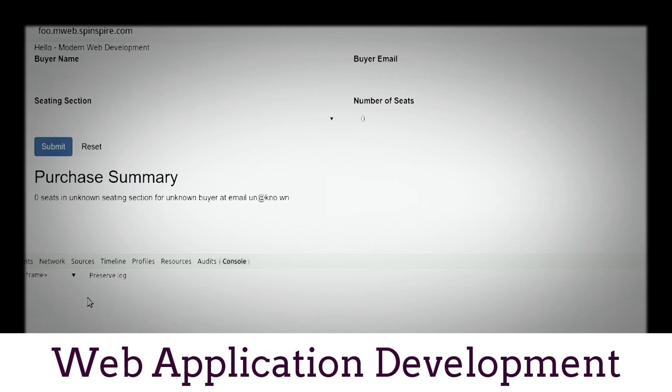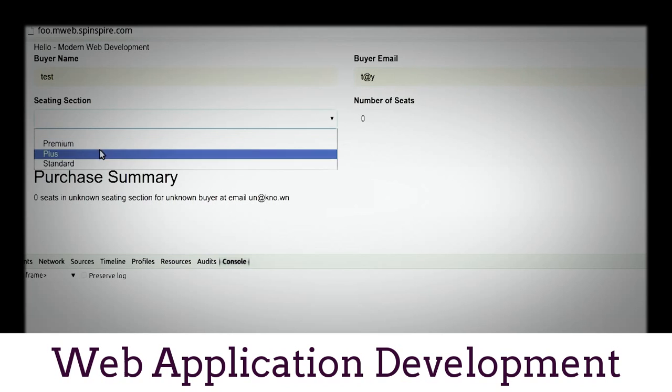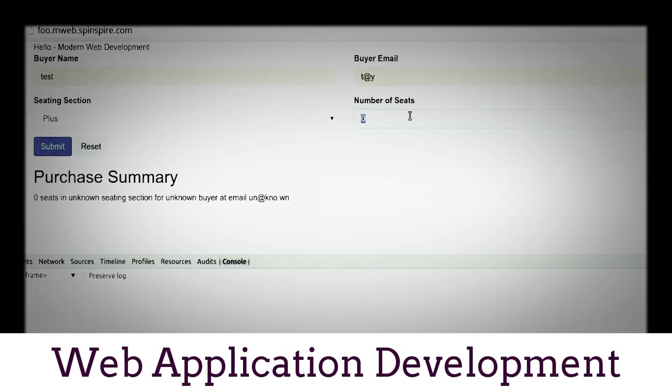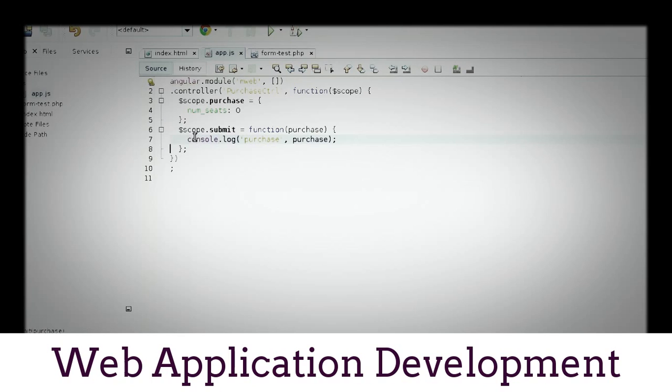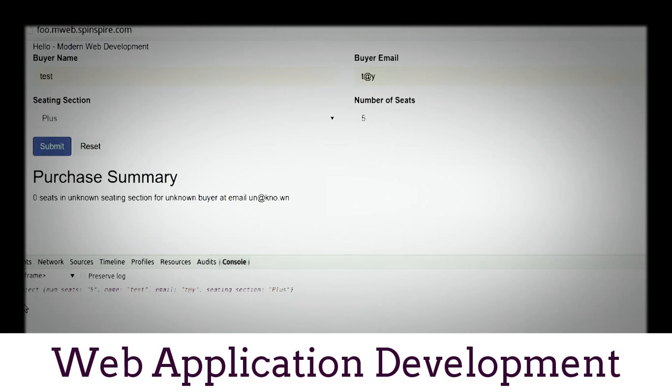Let's see what happens. Refresh, file name test, email address t@y, standard section, 5 seats. Hit submit, and look what happened. This is the submit function executing with the purchase object and simply printing the purchase object.